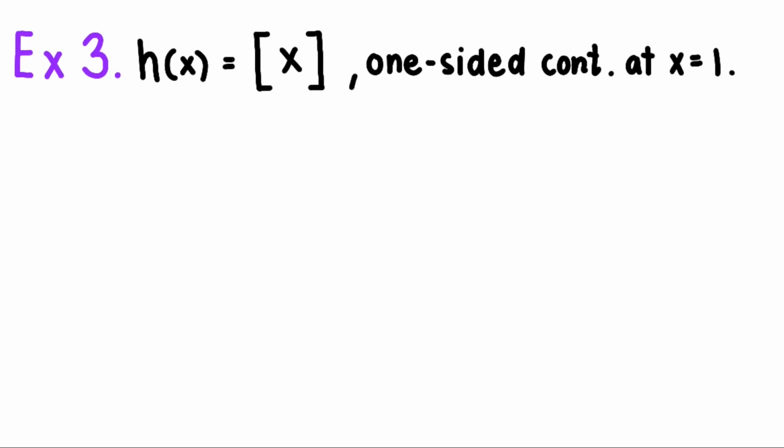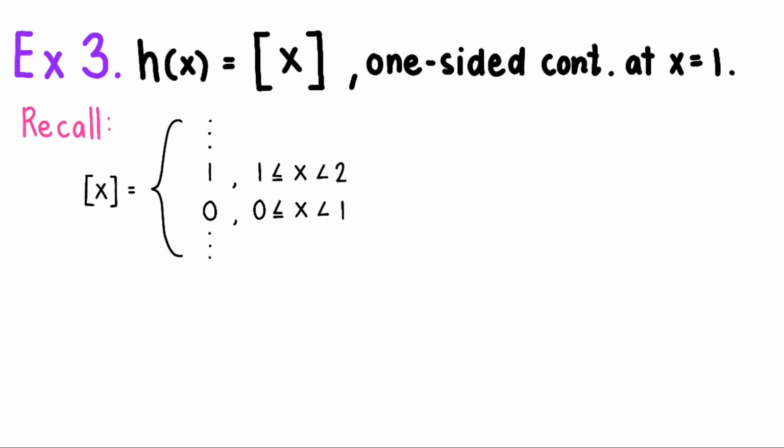To do this, we first recall that the greatest integer function of x is given by this piecewise function out here. So this extends to infinity. So it's given by this, or essentially, this means that the greatest integer function of x is equal to n, wherein n is some integer, if x is from n to n plus 1.